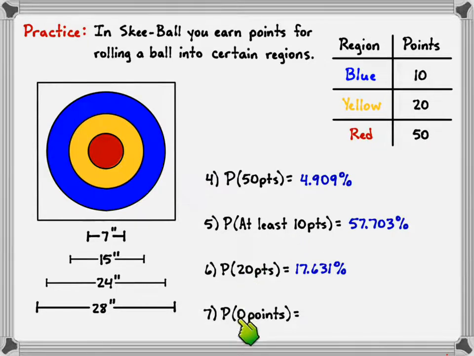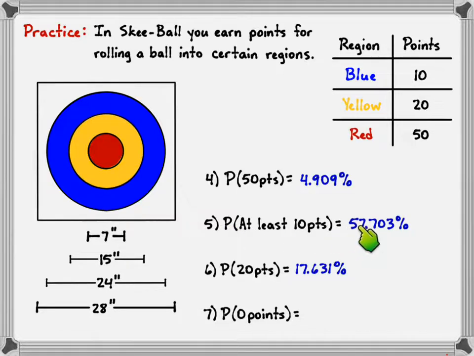That means question number 7 is the complement of question number 5. To score 0 points is exactly the opposite of scoring at least 10 points. And if you remember back from the previous lesson, 2 events that add up to the entire sample space are called complementary, which means that the probabilities are going to add up to 100%.